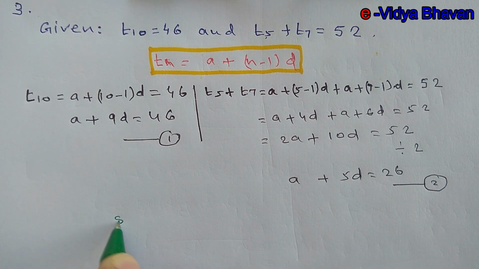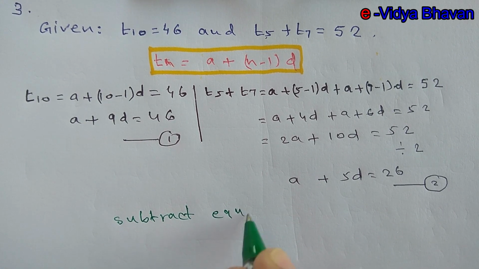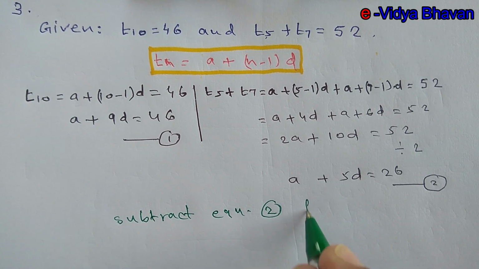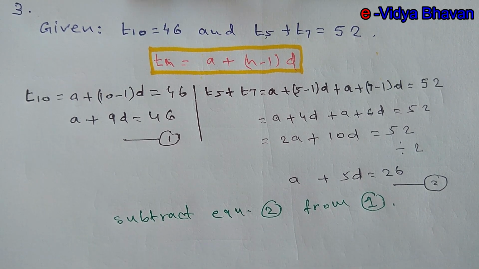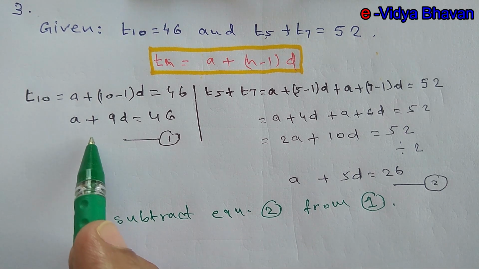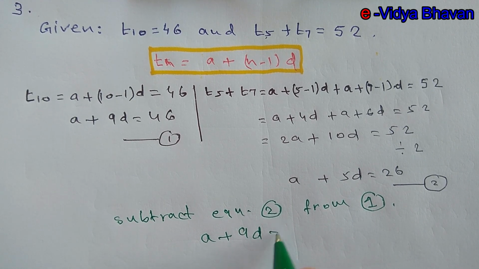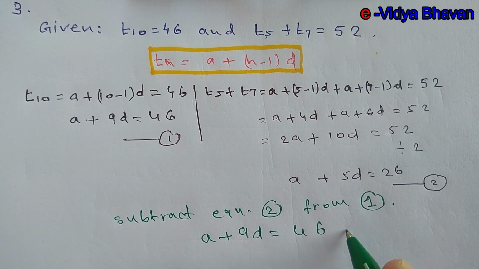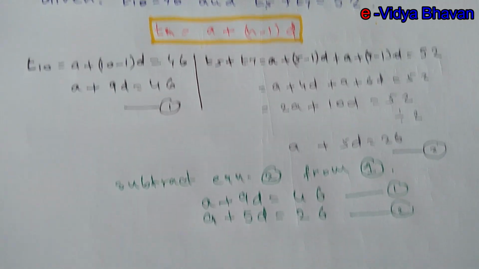Subtract equation 2 from 1. That is, we write down first a plus 9d equal to 46, and then a plus 5d equal to 26, second equation.